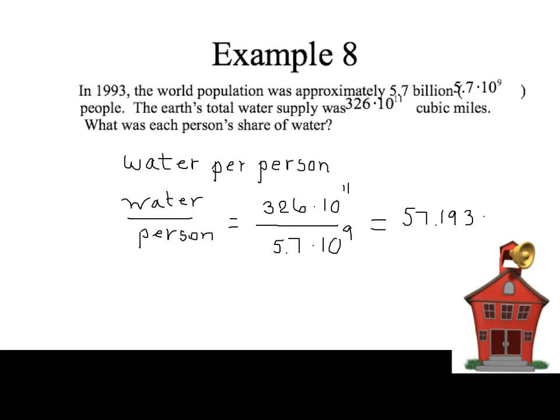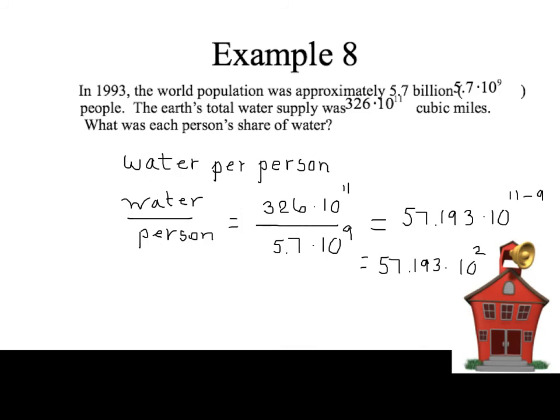But with the powers of 10, I know with division, I need to merely subtract their exponents. So each person is entitled to 57.193 times 10 to the 2 power cubic miles of water, which sounds like a lot, which it is.